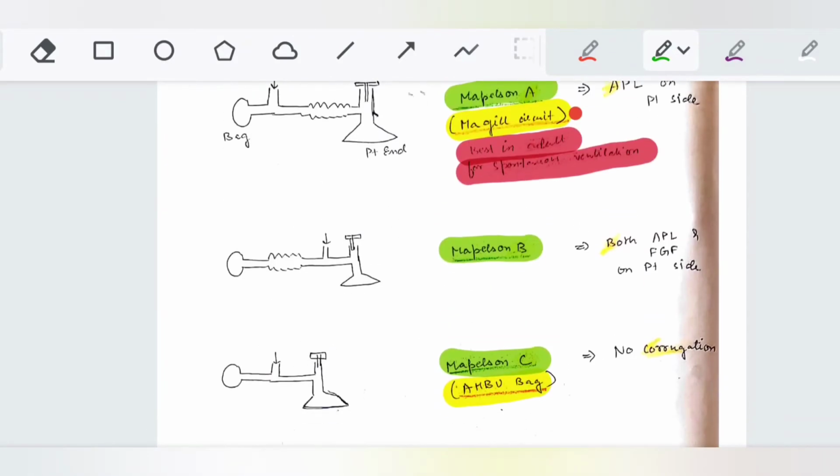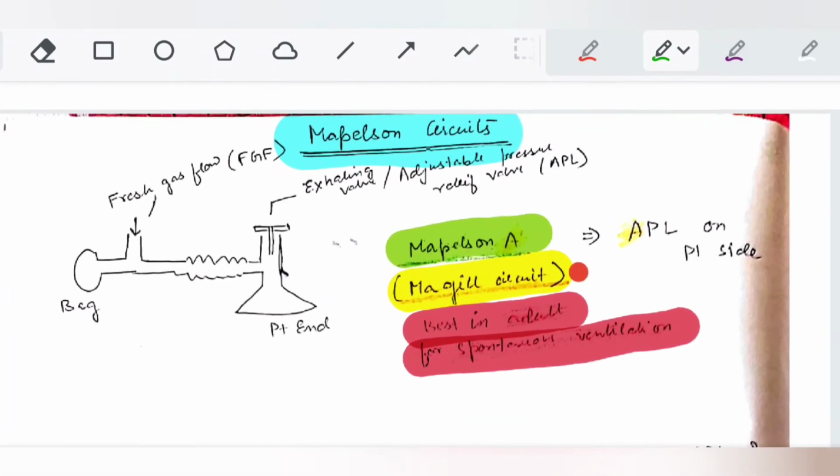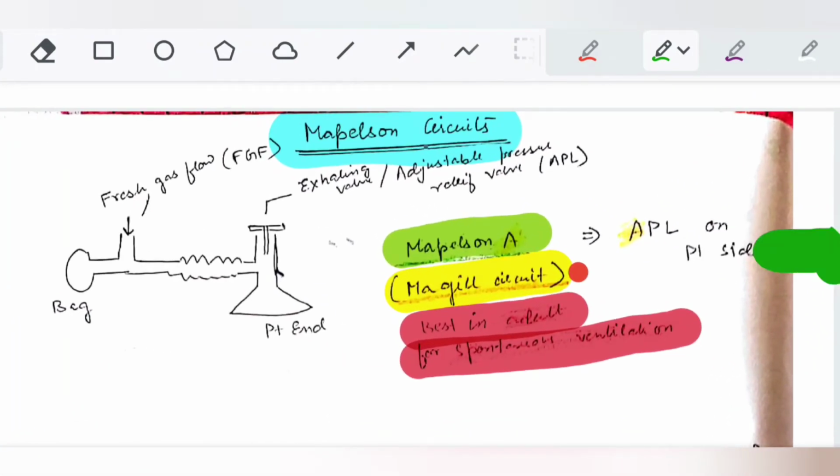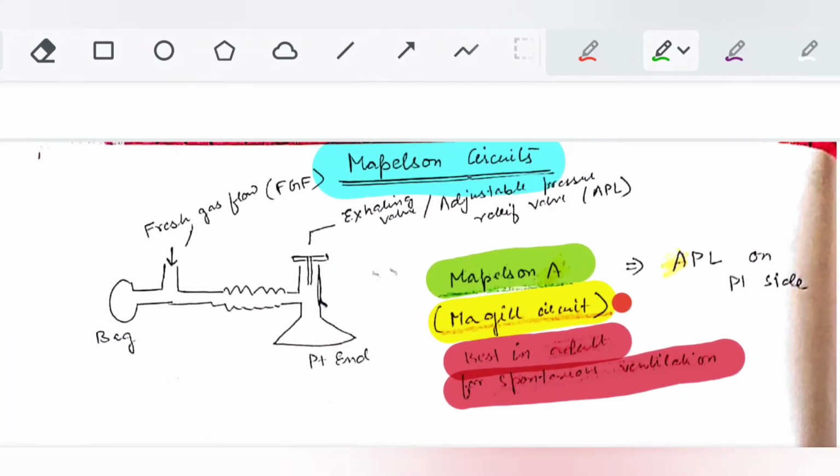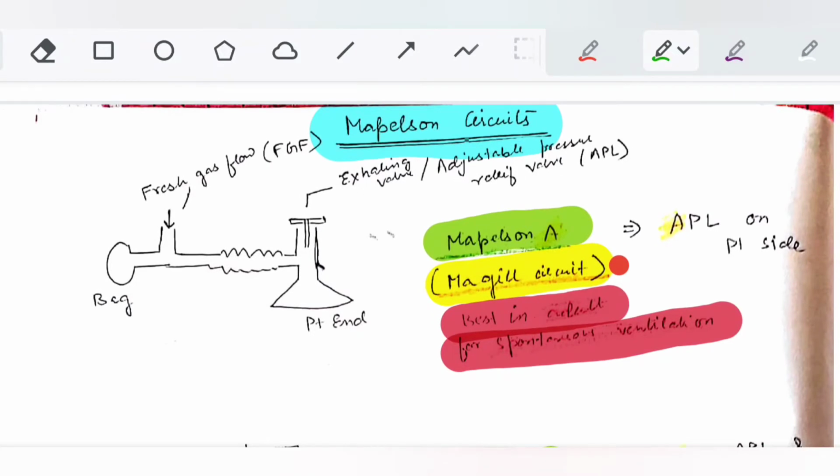Now we will find a very good mnemonic to memorize how to identify any circuit that is given, when you are asked to identify which Mapleson circuit it is. First we will see which is the APL, the adjustable pressure relief valve.